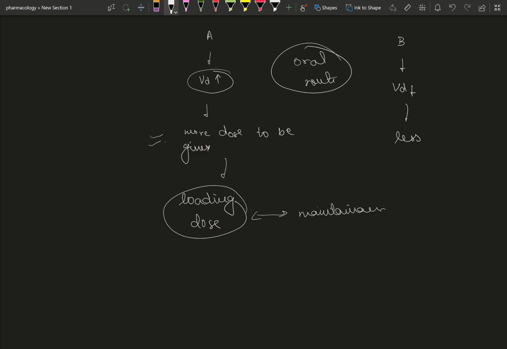Post this loading dose, we carry out a maintenance dose for establishing and maintaining the therapeutic effect. So if an MCQ comes asking what is the main determinant of loading dose of a drug, VD is the main determinant.